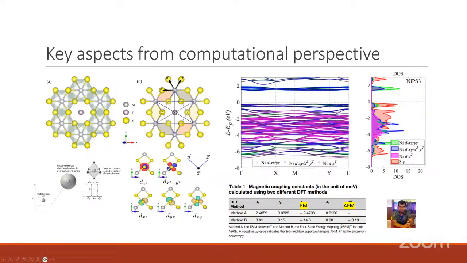However, my slides show some formatting error. The ferromagnetic interaction is the J1 coupling. So J1 is ferromagnetic between the nearest neighbor nickel sites. However, J3 has an antiferromagnetic behavior.